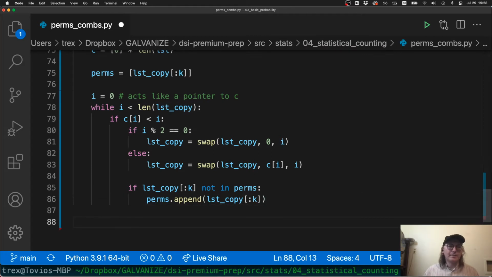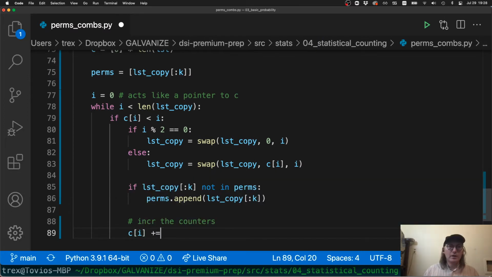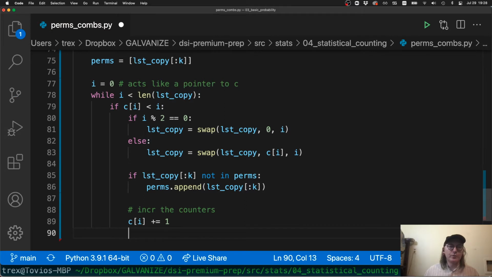And there are a bunch of little utility moments here. We're going to increment our counters. So C sub I, where we're counting, is going to be incremented by 1 on each turn of this loop.